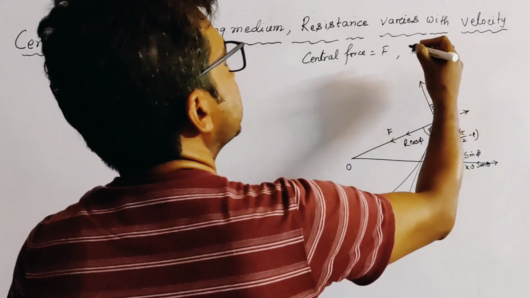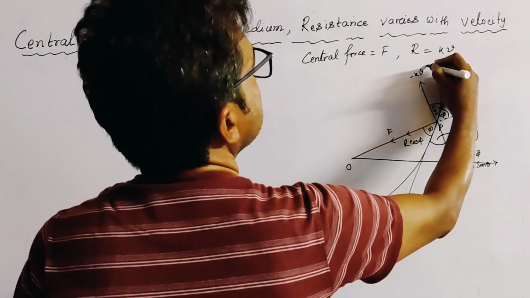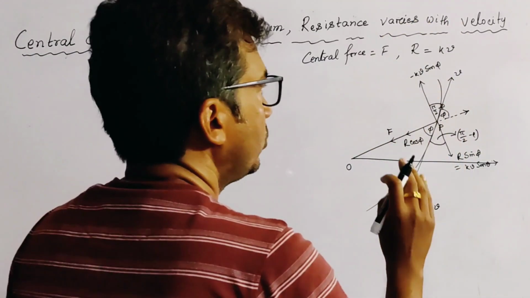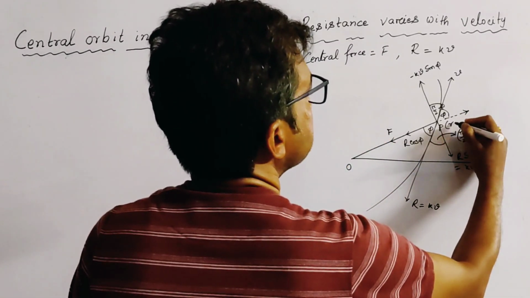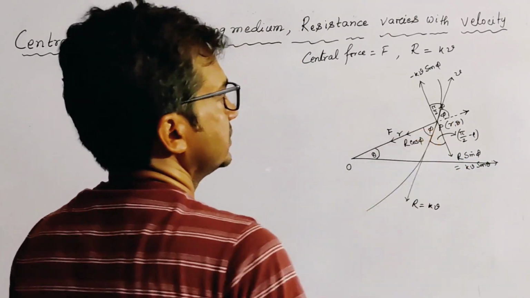So in the positive direction of cross radial, this is minus kV sin phi. Now we let the point P be (r, theta).